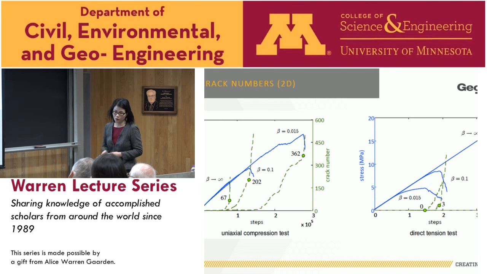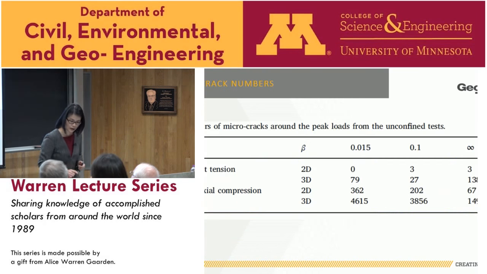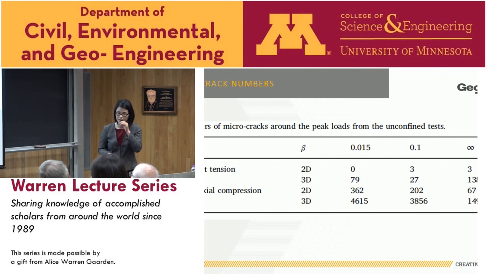So therefore, we could think about, for the tension test, the bond strength is a primary factor. But for the compression test, it would be the total number of cracks times the nominal energy dissipation, and that would be the primary factor.